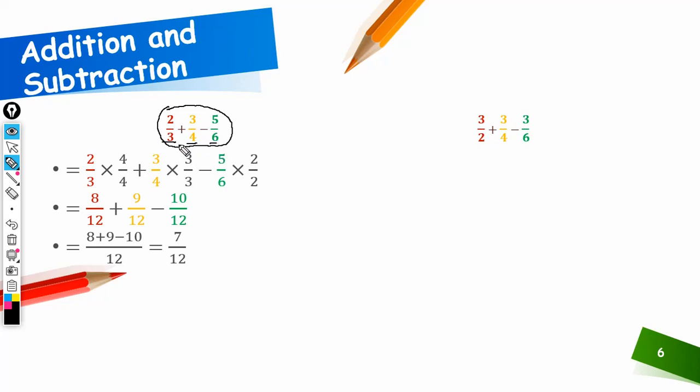So kita harus menyamakan denominatornya. So how to find the same denominator from different denominators? You're going to find the smallest common multiple.